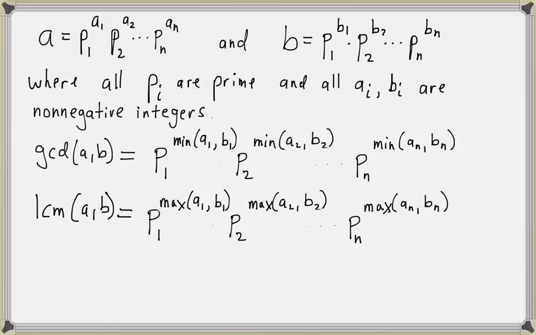So the least common multiple of a and b will equal p1 to the biggest exponent that occurs, so the maximum of a1 and b1, times p2 to the maximum of a2 or b2, all the way up to the factor pn to the maximum of an, bn.